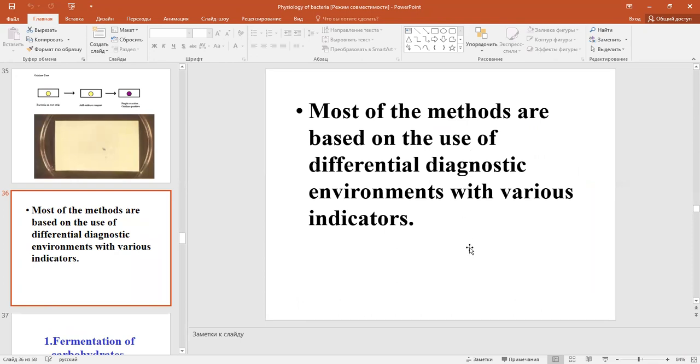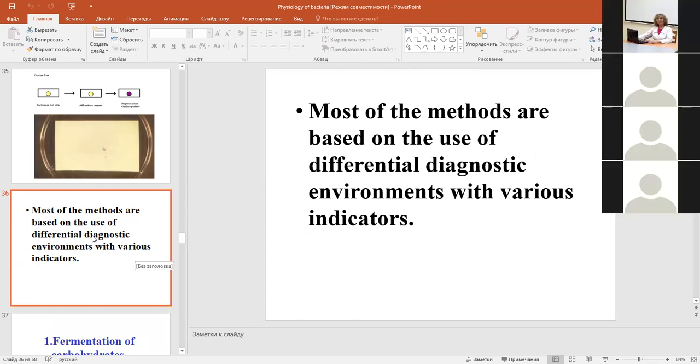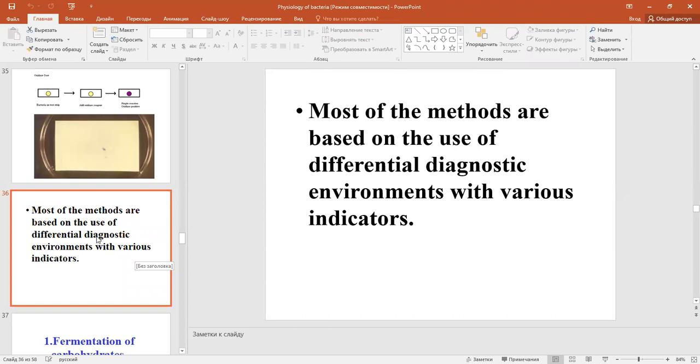Most of the methods are based on the use of differential diagnostic environments with various indicators. Most pathogenic bacteria are able to ferment sugars and to destroy proteins, especially bacteria of the Enterobacteriaceae family.